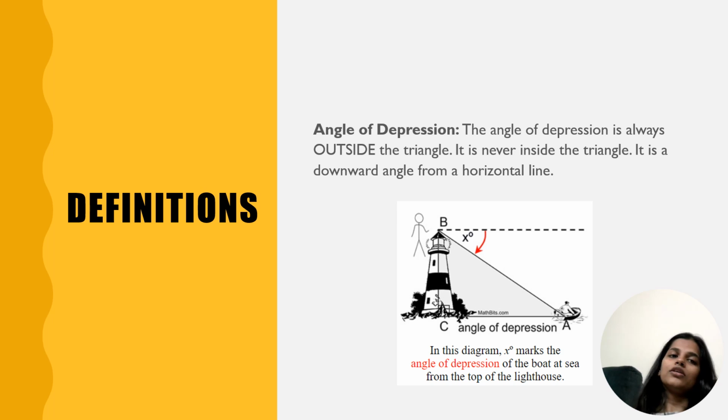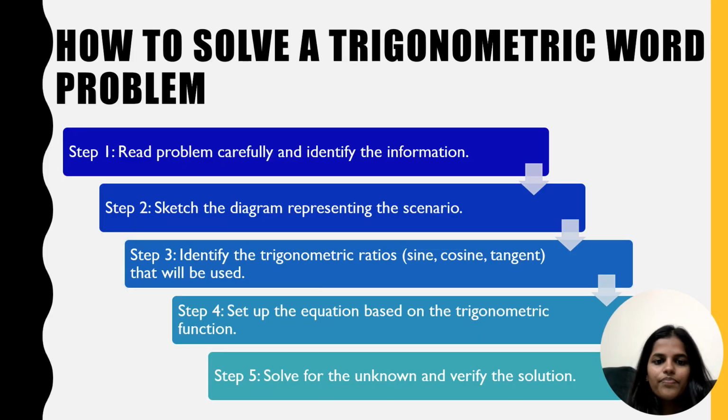Understanding these two terms will help you visualize and solve the problem correctly. Firstly, you need to figure out the measurements of the triangle that we are going to be using. Here is the approach I'm going to use to solve these word problems. First, read the problem really carefully and pick out the relevant information.